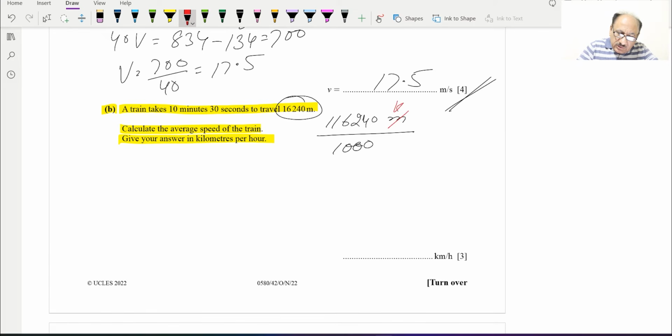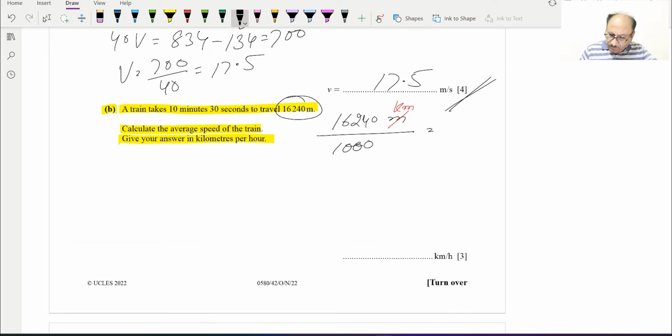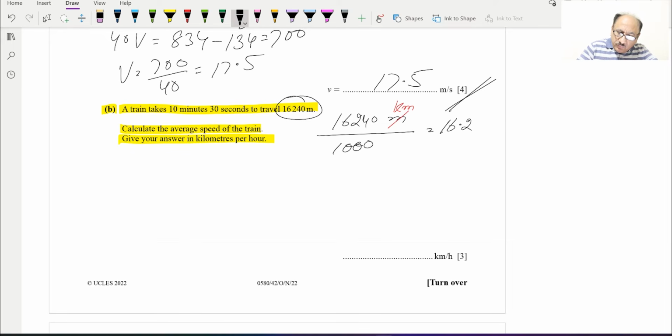So now this is changed to kilometers. 16240 divided by 1000 is giving us 16.24 kilometers.